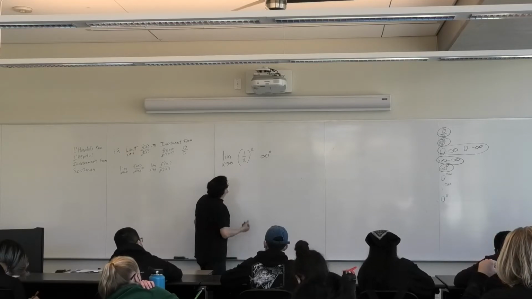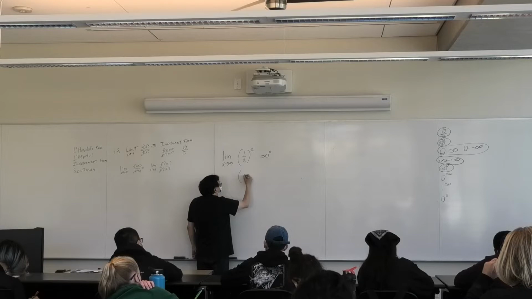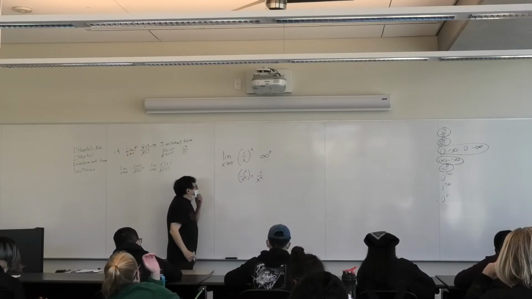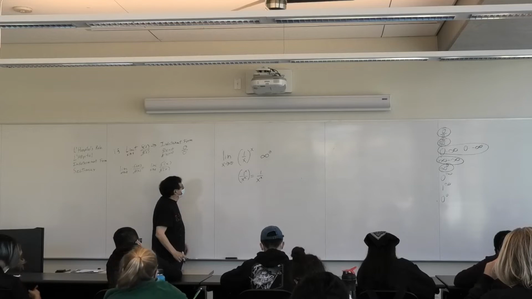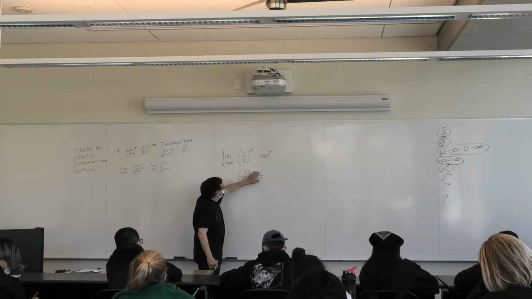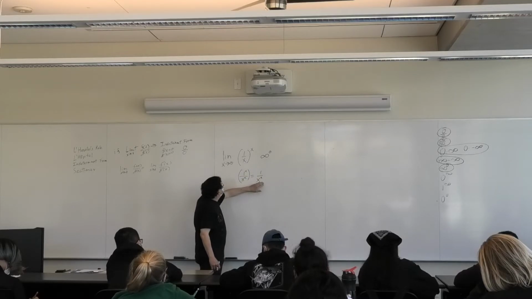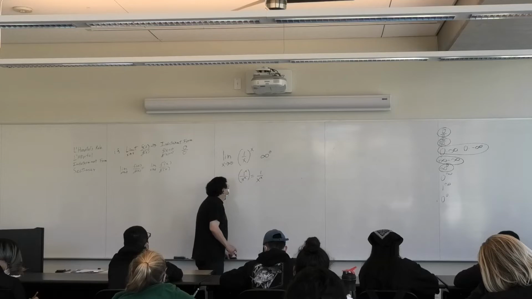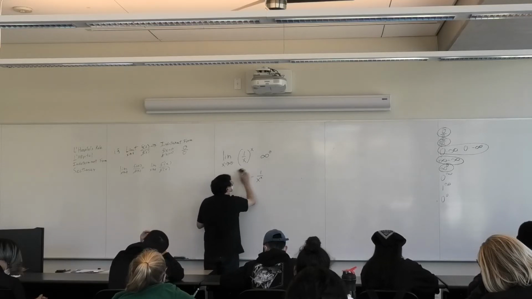I could do 1 to the x over x to the x, so that's 1 over x to the x. That doesn't really help, does it? I mean, this goes to 1. I don't know where this goes yet. Actually, we do know, but it doesn't matter. It's not an indeterminate form. So that's not important.